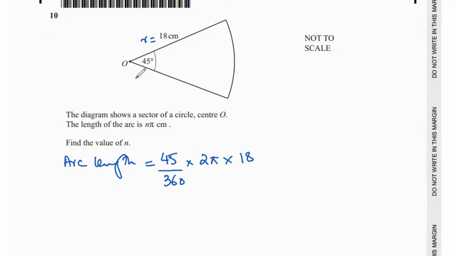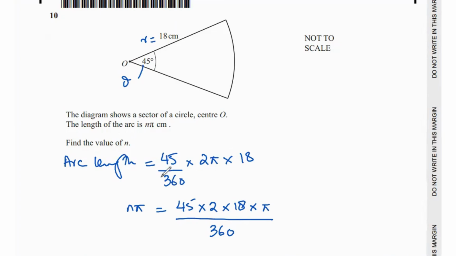R is 18 and the angle is 45. So the length of the arc is n pi, 45 over 360. So let's simplify this. We have 45 times 2 times 18 times pi divided by 360.